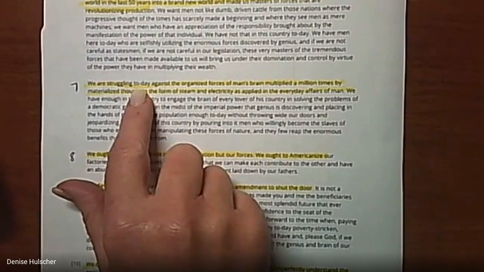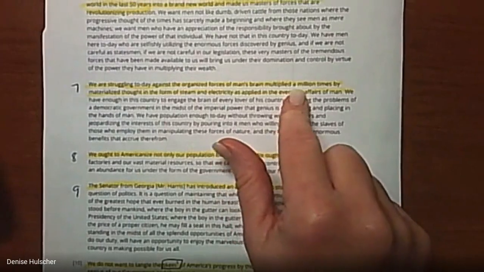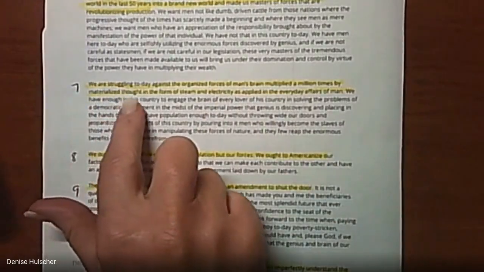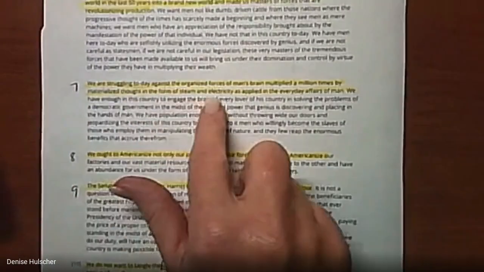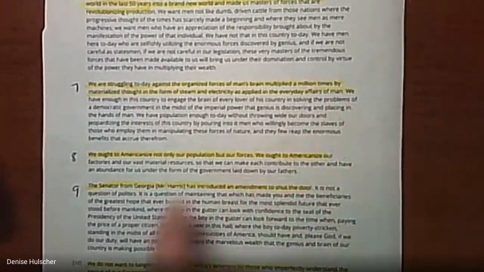We are struggling today against the organized forces of man's brain, multiplied 1,000,000 times by materialized thought in the form of steam and electricity as applied in the everyday affairs of man.